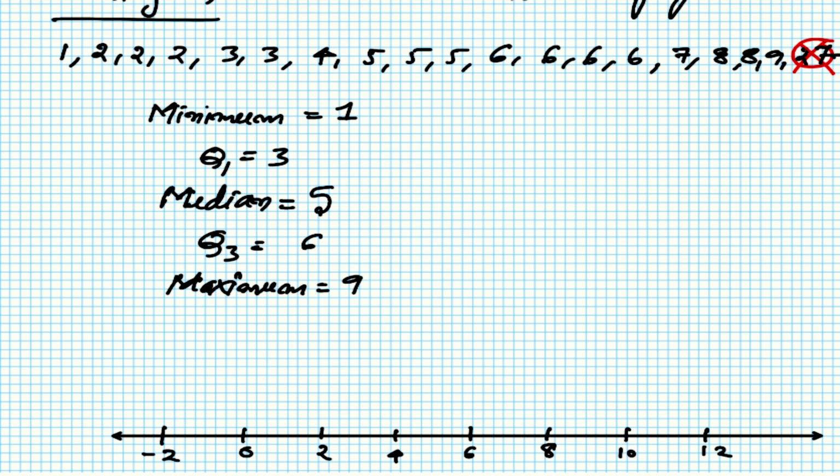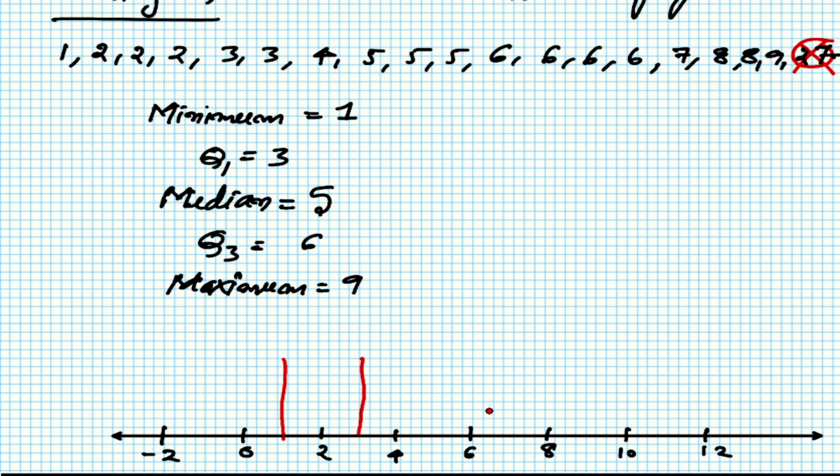So one of the values is 1. Let us say it's here. I'll just mark it, then I'll convert this into a graph. So that's 1. My next number is 3, so that is here. That's 3.